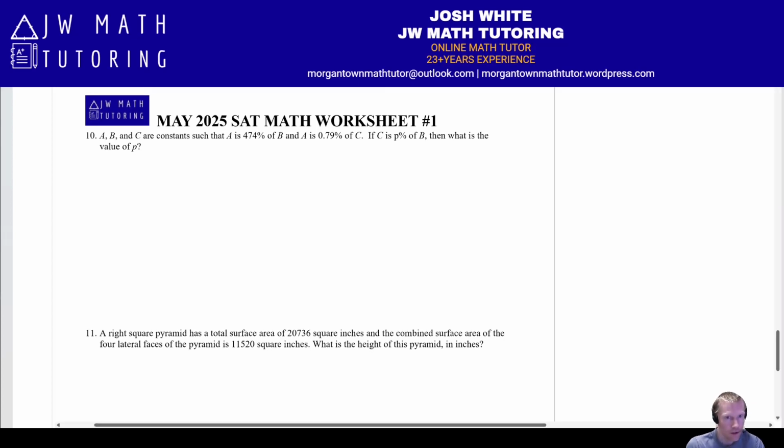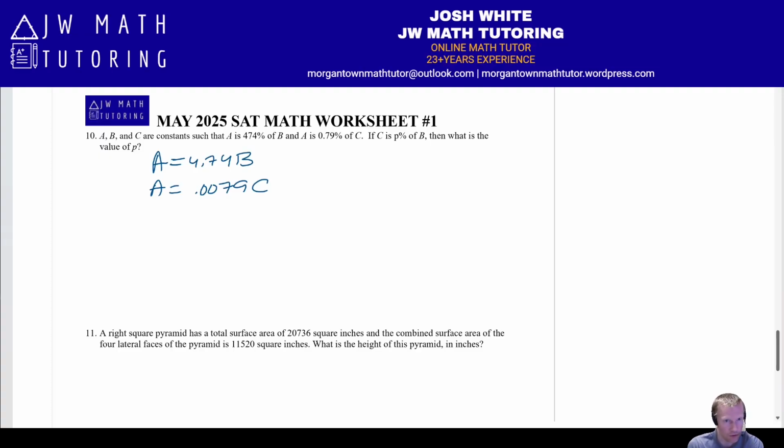basically what we have is A equals, now 474% is just 4.74 as a decimal, multiplication B. And we also know that A is equal to 0.79%, or as a decimal, 0.0079, multiplication C. Now, the question is asking if C is P% of B, so we want C and B in the same equation.